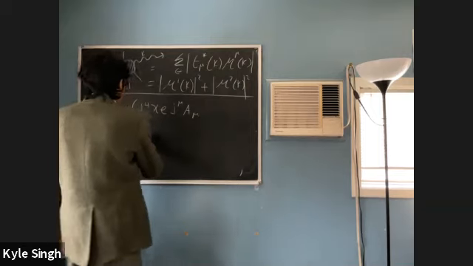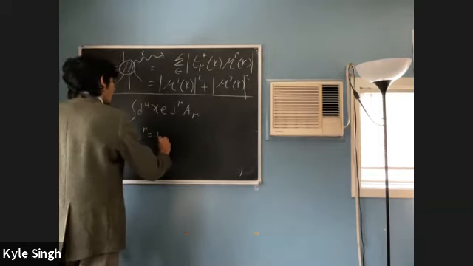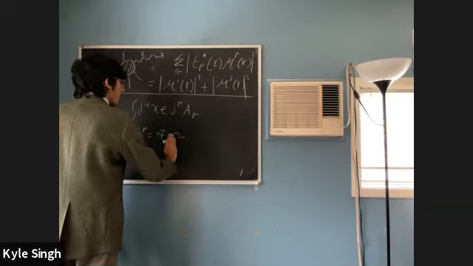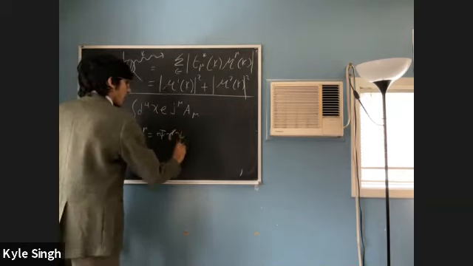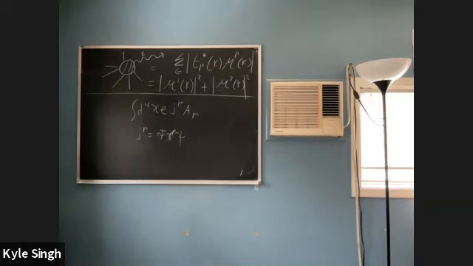Usually in QED, we say that J mu equals psi bar gamma mu psi. That's what we call the vector current or the Dirac vector current.